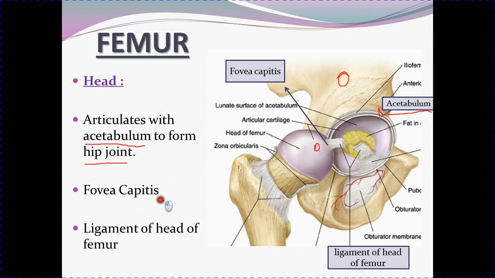The head has a small depression in the center which is called the fovea capitis. This fovea capitis gives attachment to a ligament which is called the ligament of the head of the femur. This ligament is attached to the acetabulum of the hip bone.